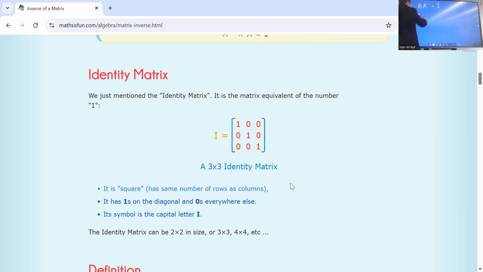There are cases where A times B is defined, but B times A is not possible. Due to the non-commutative rule, in some cases you can do it, but in general the result is different. Okay?